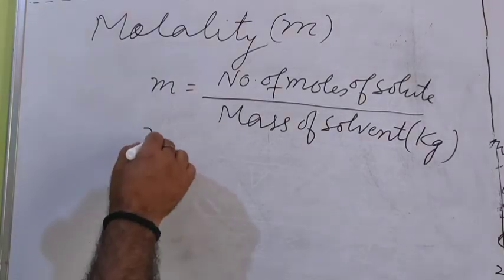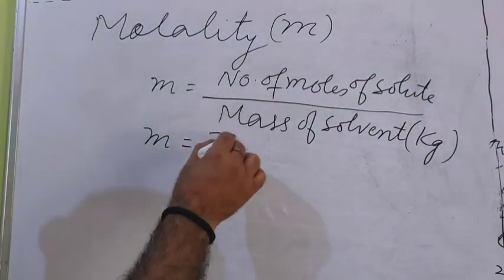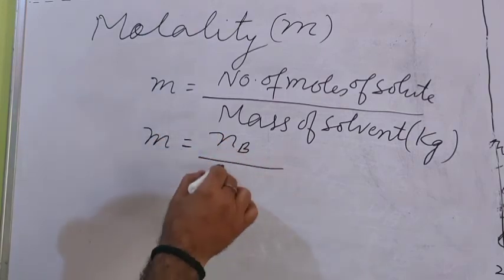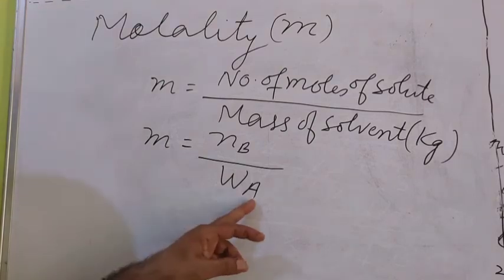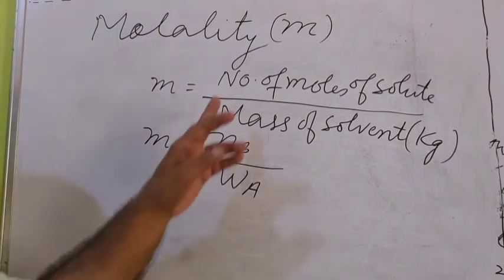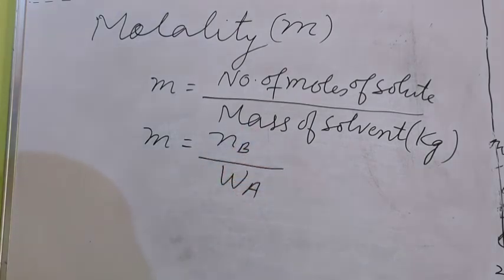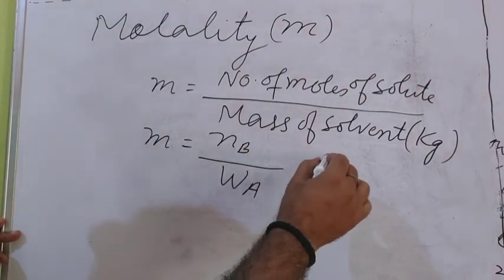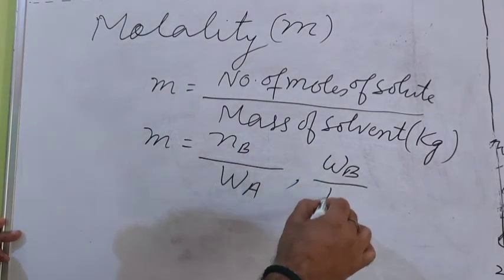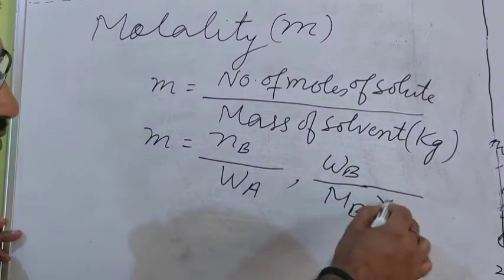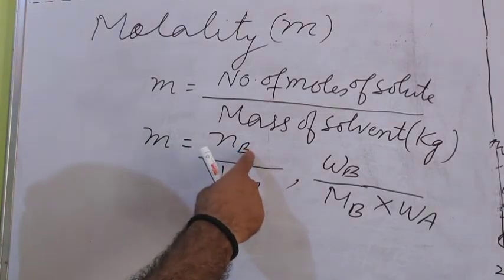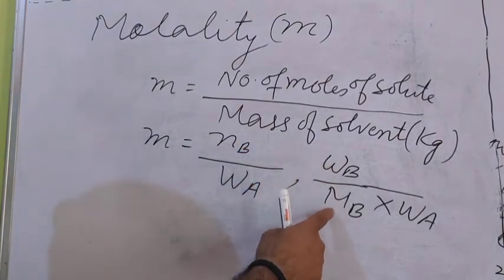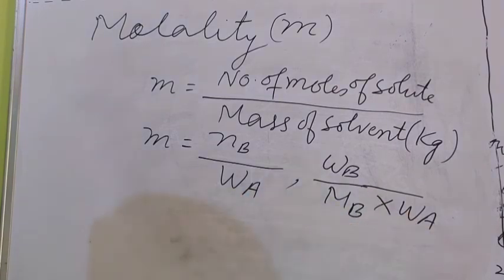We represent number of moles of solute as NB, and mass of solvent as WA. W is for mass and A is for the solvent. So number of moles NB upon mass of solvent WA. And we also know that NB is equal to WB upon MB. So in place of NB, we can write WB upon MB, into WA.